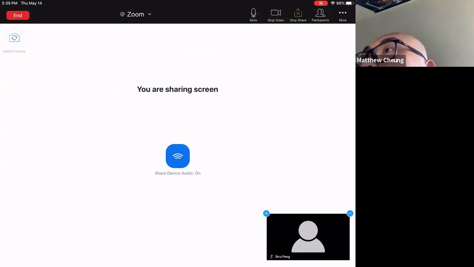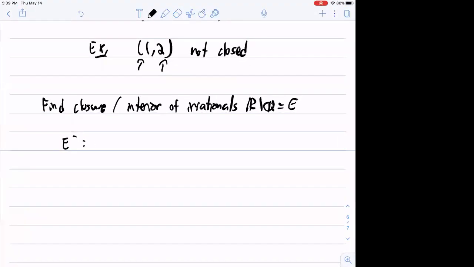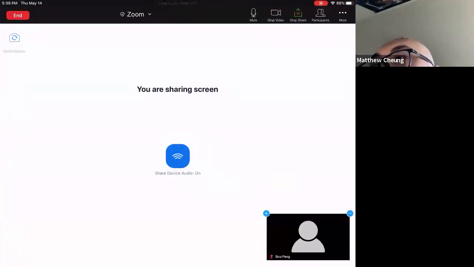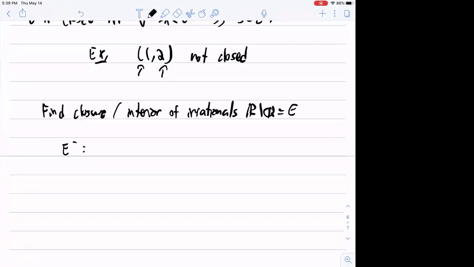What is the closure? I have the irrationals because I contain E. What's left? The rationals, right? So the question is, can you find a sequence of irrationals going to a rational?